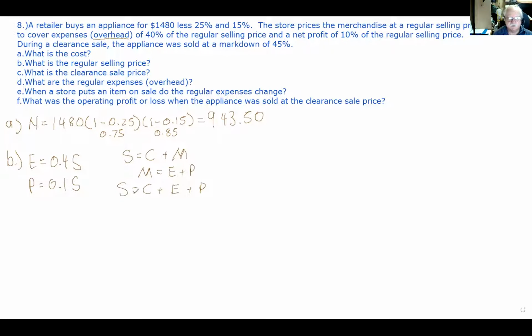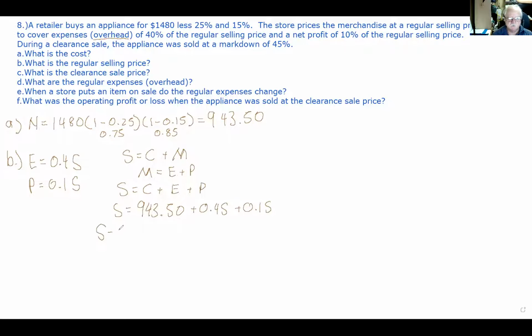That's our net price up here, $943.50. The expenses are 0.4 S, and the profit is 0.1 S. And this is S here. So these two have to leap over, and it becomes, at this point, very difficult to tell the difference between my S's and my 5s. Let's hope we can keep them straight.